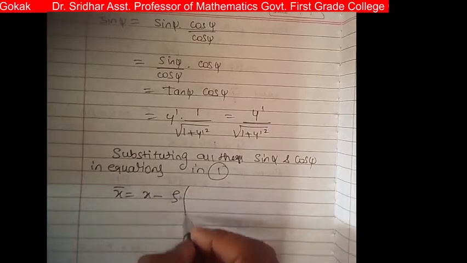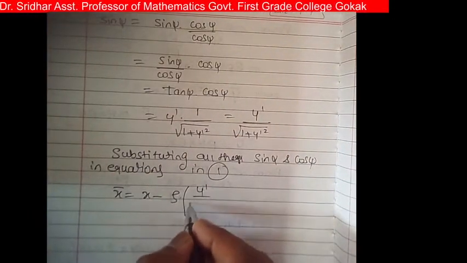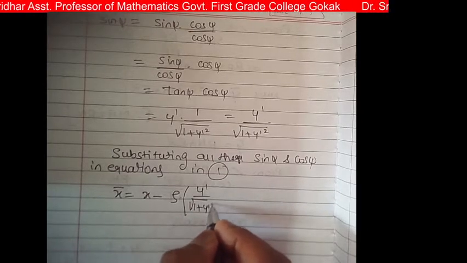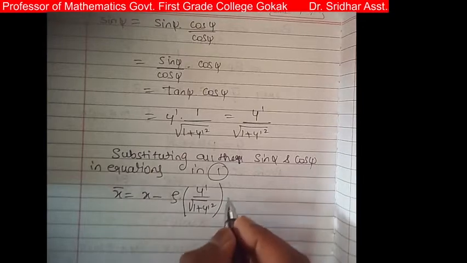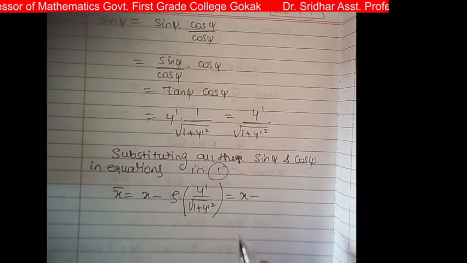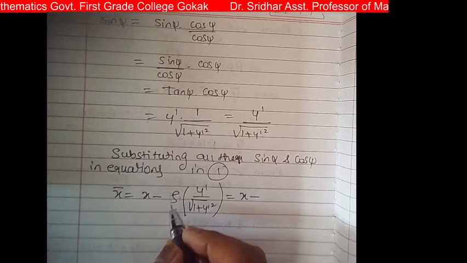So sin psi is equal to y dash divided by square root of 1 plus y dash square. Okay, and this is equal to x minus, now rho, you know, the radius of curvature in Cartesian form.